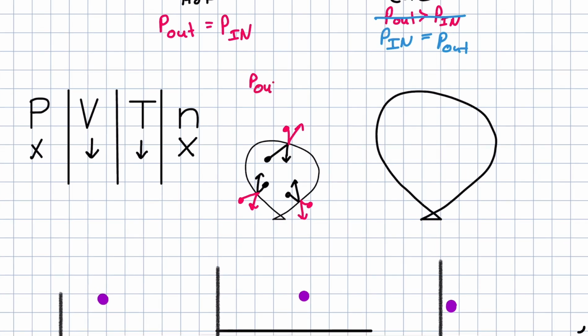outside equals my pressure inside. As this balloon gets bigger, as I put more and more particles in it, the balloon has to get bigger so that the number of collisions stays the same as what's happening outside.